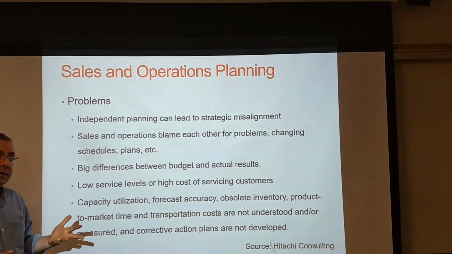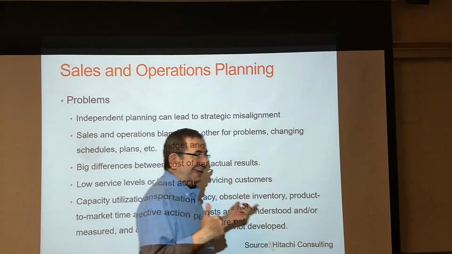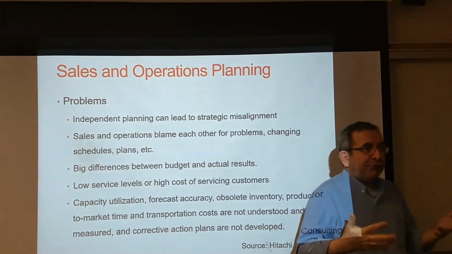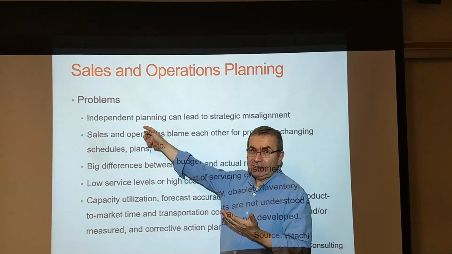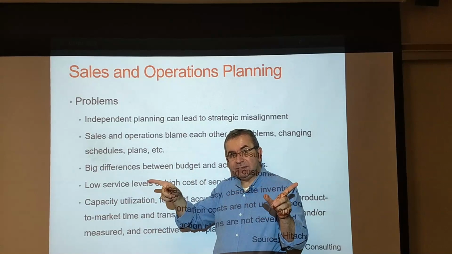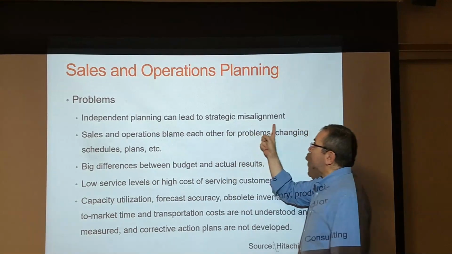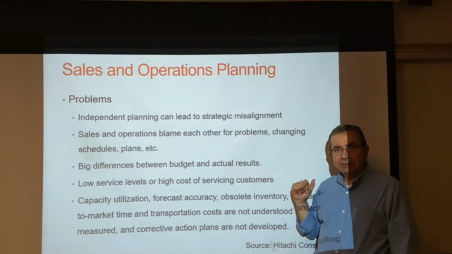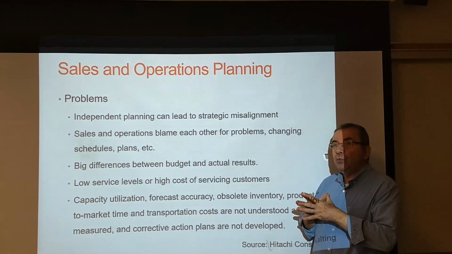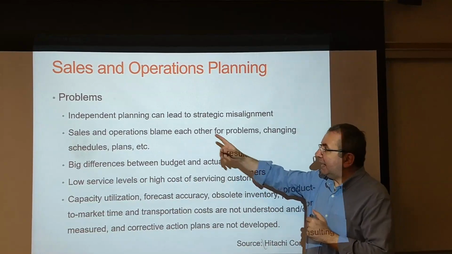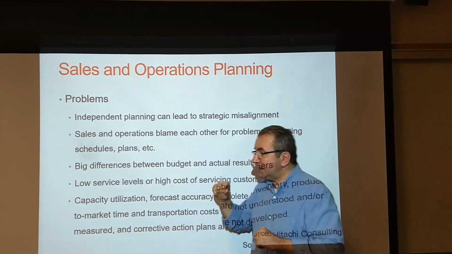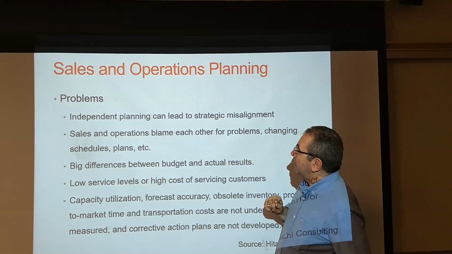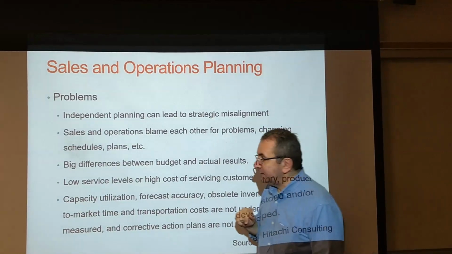What we mean by independent planning here is when every department has their own forecast and their own plan independent of other departments, then there can be a misalignment. They don't work towards the same goal. Every department will have a slightly different objective.